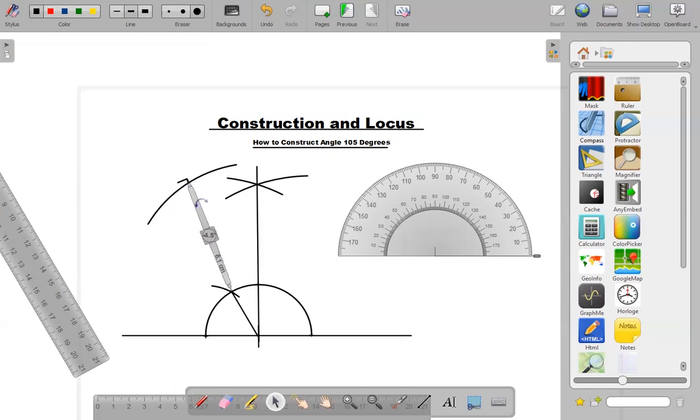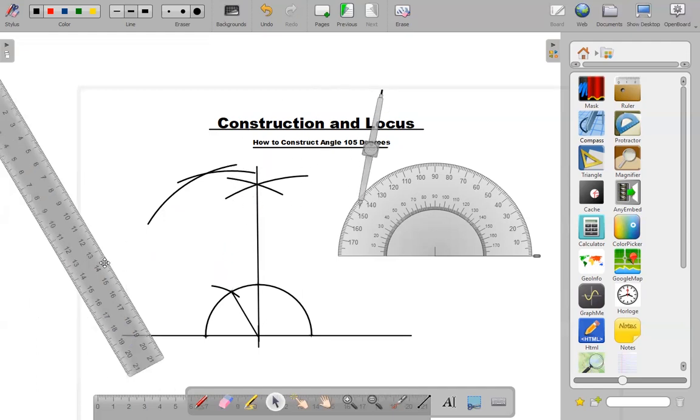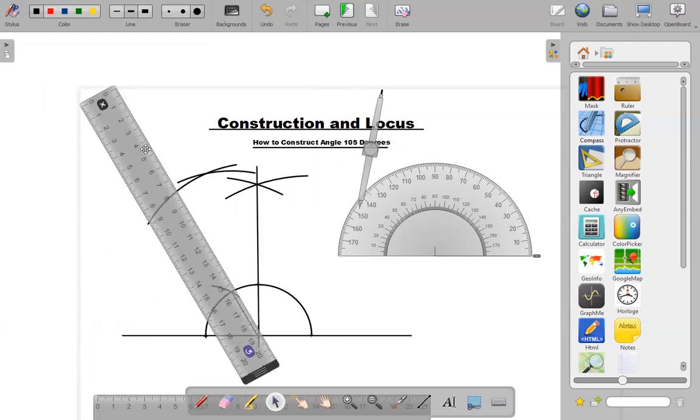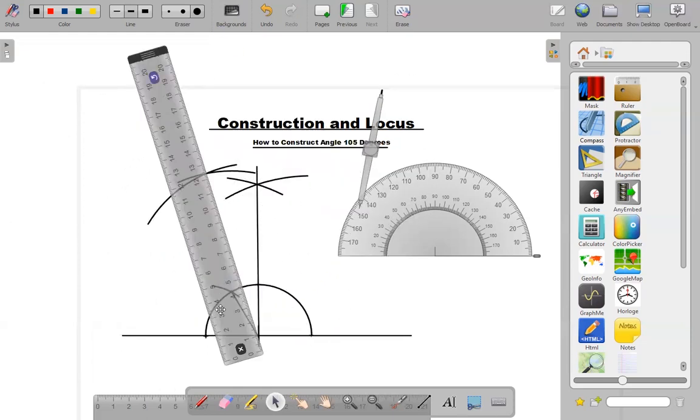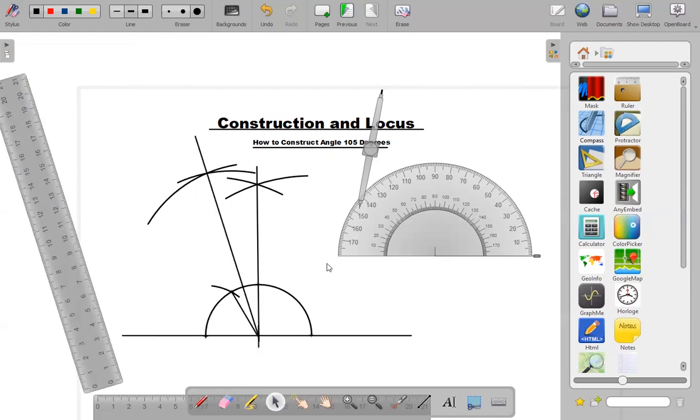Then we cut the arc and take your ruler there. Okay, I think we are there. Join these together. So from here down to here will give us the 105.